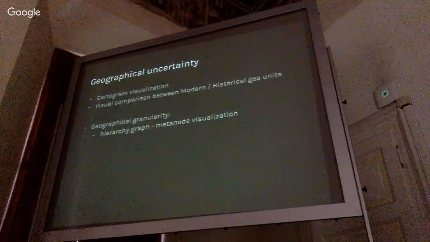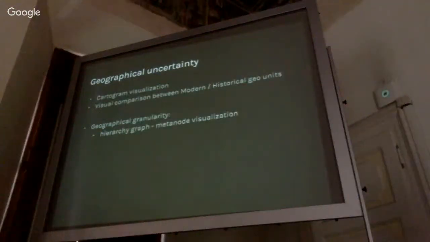So one of the first things we realized was a number of uncertainties related to this kind of data, and the first one was related to the geographical level.